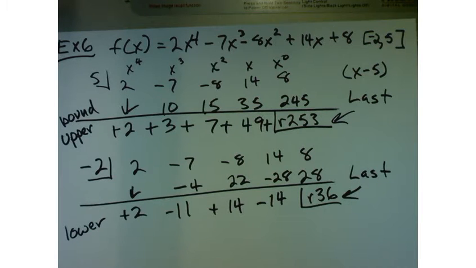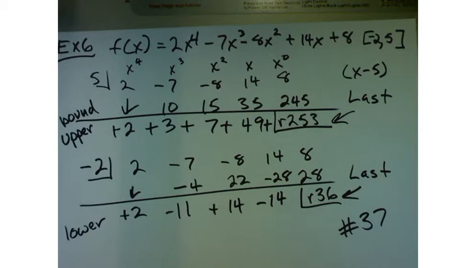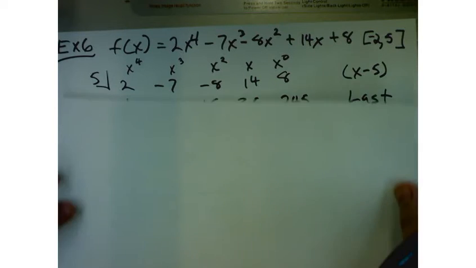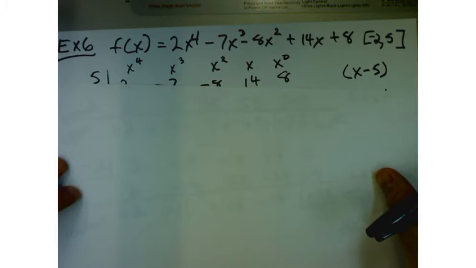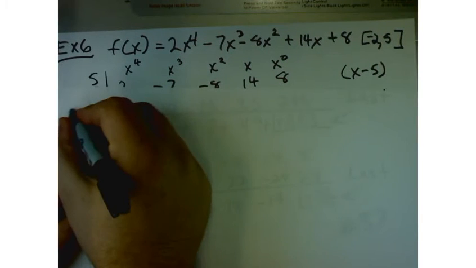So in your homework, like problem number 37, you're going to basically do the same thing. So let's look at problem number 37 real quick. Open your textbooks and look at problem number 37.